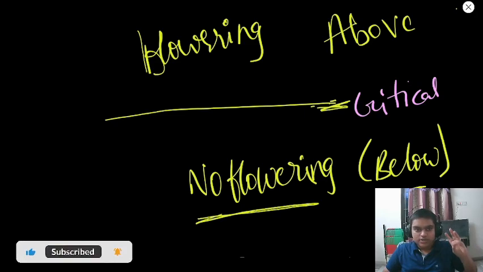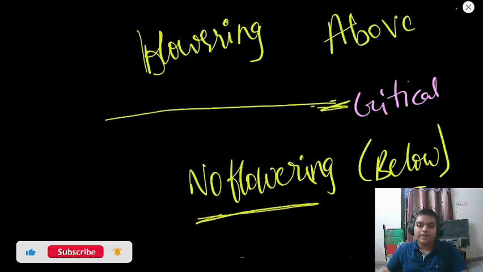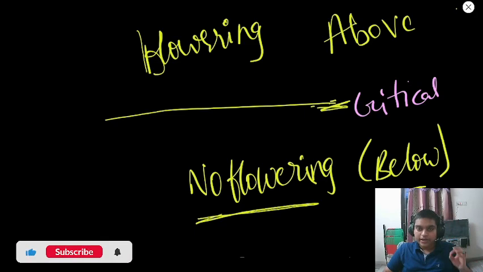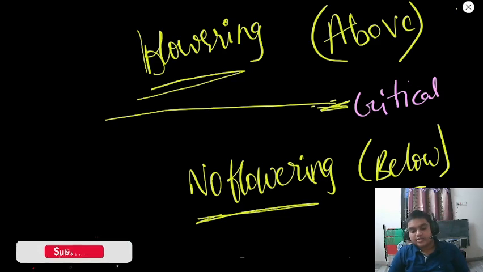So the plants which do not flower below the critical period but flower above it are called long day plants. Now repeat with me. The plants which flower with more exposure to light, above the critical photoperiod, are called long day plants. They require more exposure to light.